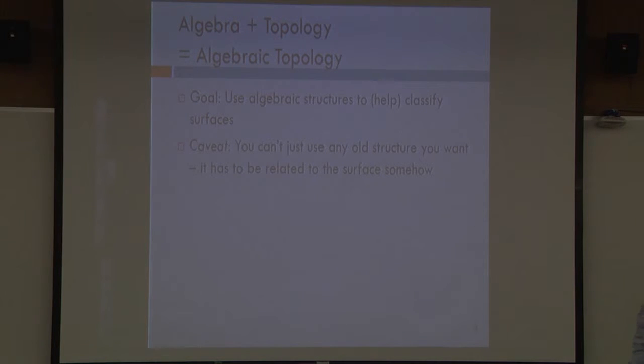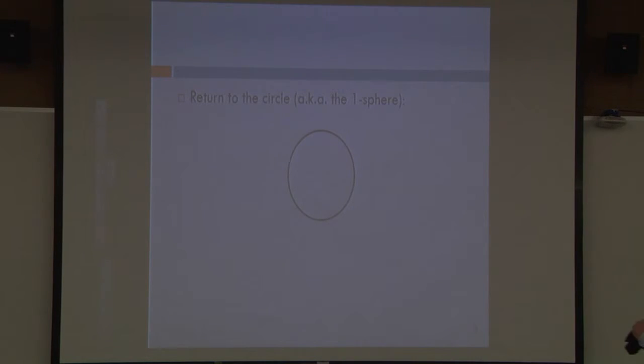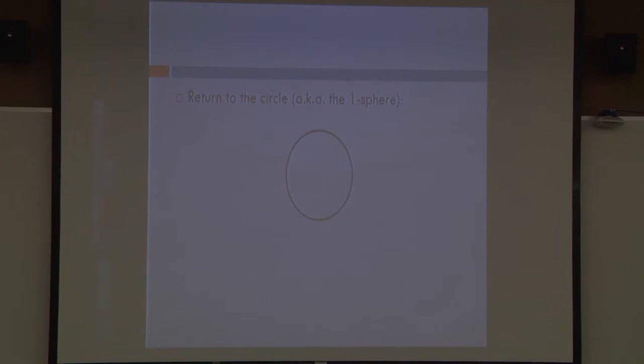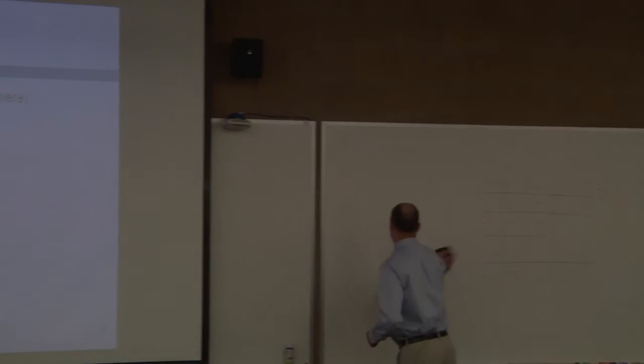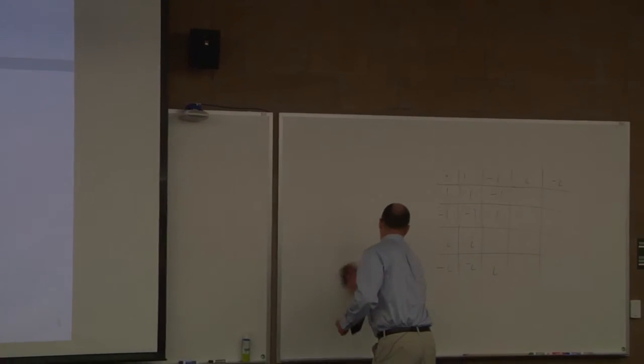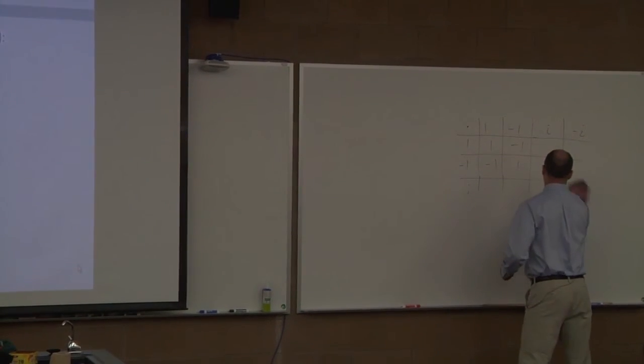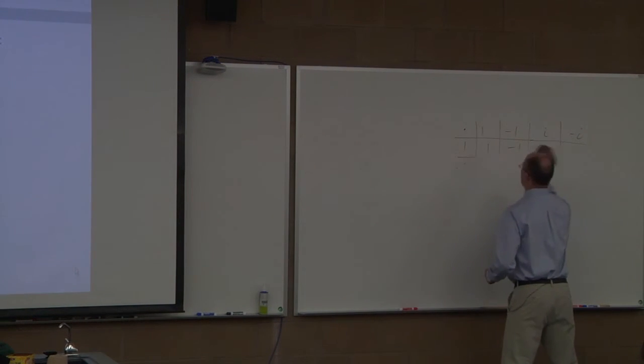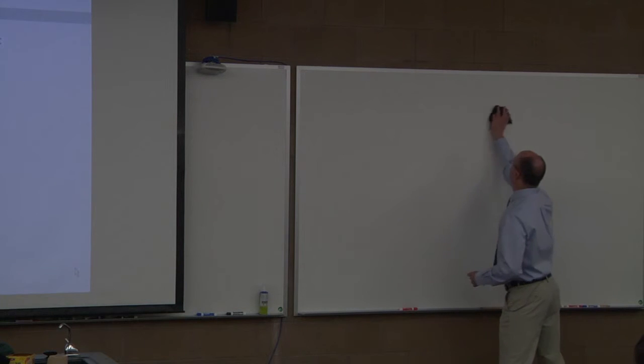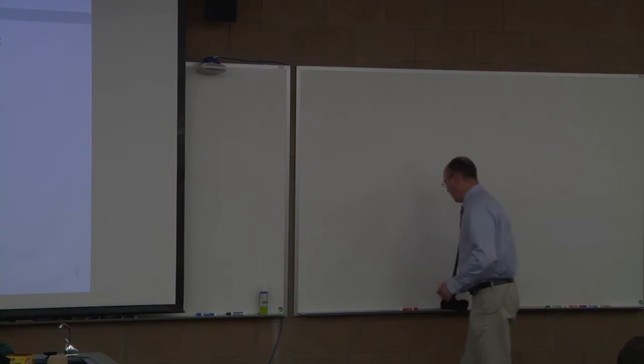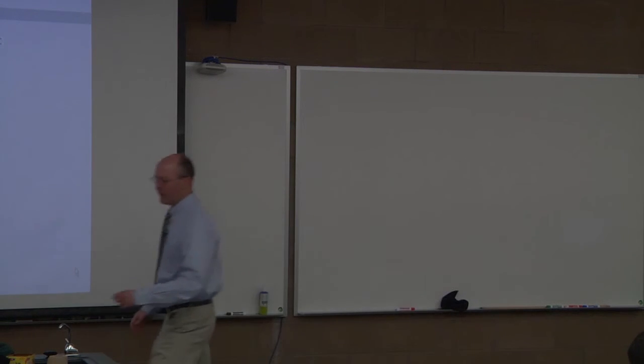My only caveat with this is you can't just use any old algebraic structure that you want. There has to be a connection between the algebraic structure you're looking at and the surface itself. So we're going to go back to the one sphere. And on the one sphere, let me draw this in black here.